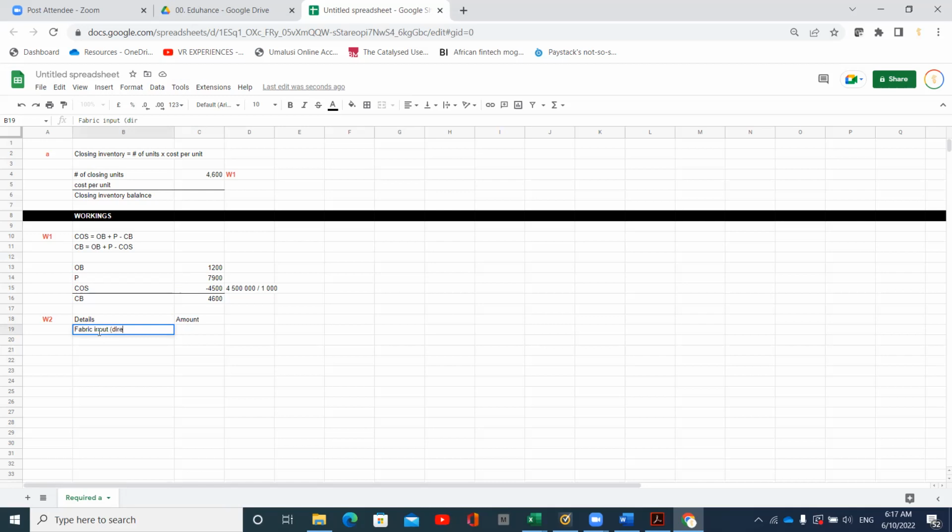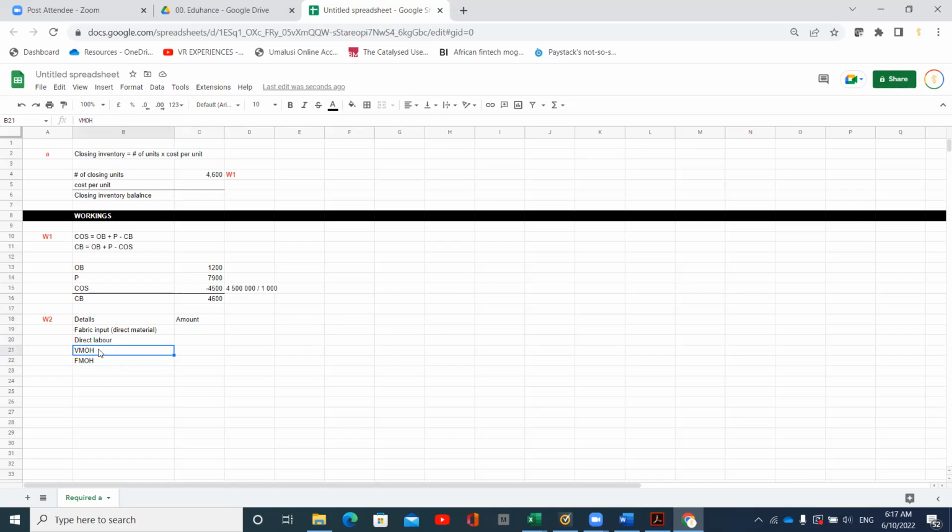This is direct material. Okay, then we're going to have direct labor. Then we're going to have variable manufacturing overheads, and we're going to have fixed manufacturing overheads. When we read the scenario, there was no variable manufacturing overheads. I'm just including it just for you to see how we go about calculating.